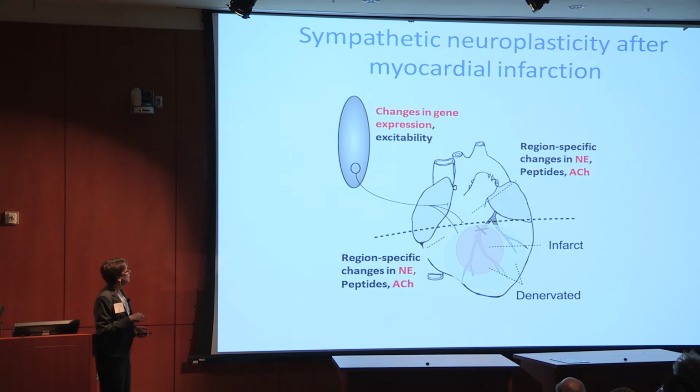Now, the last thing that I want to briefly talk about, 5 minutes? Okay, perfect, is some stuff that's very much in process, looking at norepinephrine and acetylcholine changes in the heart. And we've also looked at some changes in gene expression.